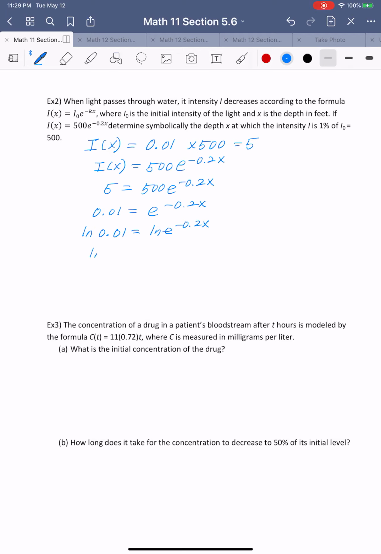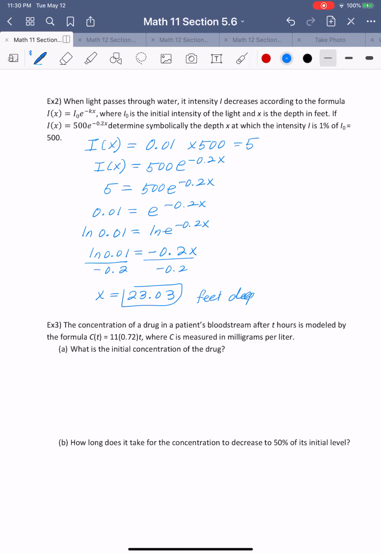The ln of 0.01 equals negative 0.2x, and dividing by negative 0.2 on both sides, x is 23.03. So the light intensity is 1% of I sub 0, 500, at about 23.03 feet deep.